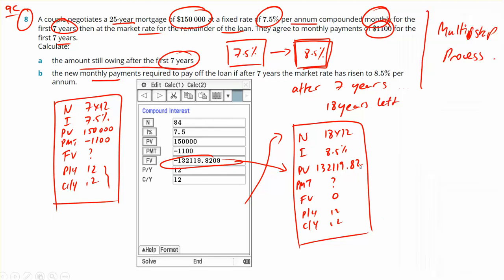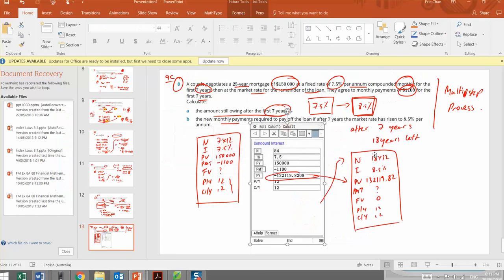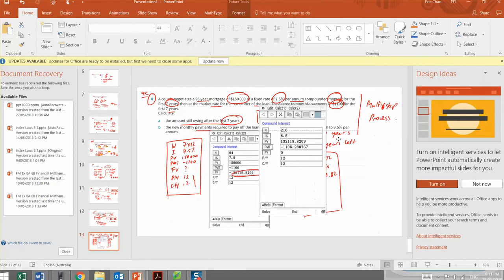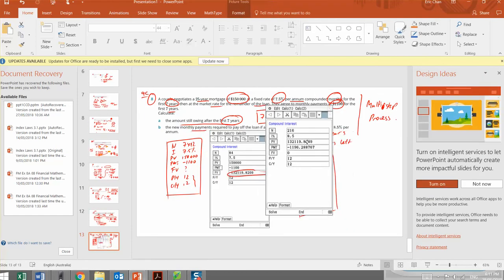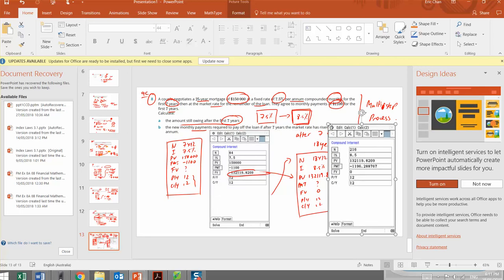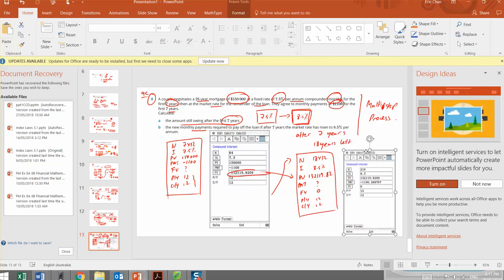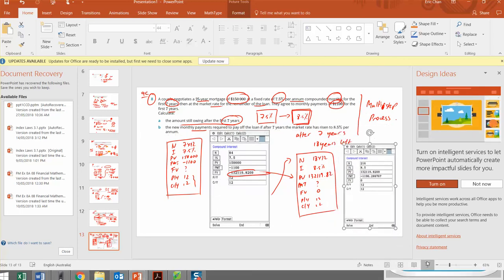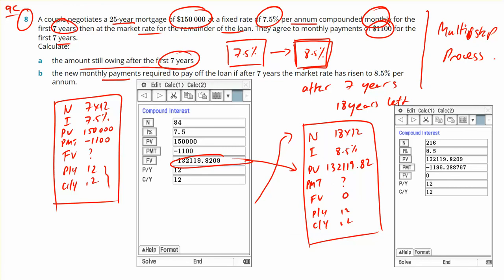I'm going to capture the screen, copy and paste it here, and take a snapshot of it. So overall, the amount we pay is 1196.29 per month for the remainder of the payments.